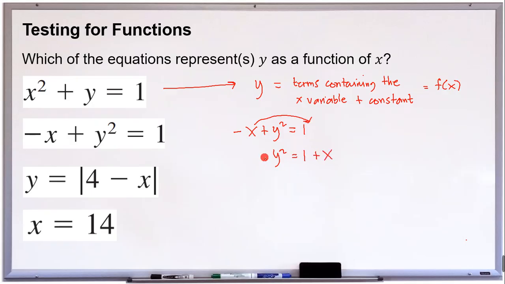Then we're going to take the square root on both sides of the equation. So we have y is equal to the square root of 1 plus x. Next, we're going to assign values for our x to see if ever we have a one to many relation, or many to one relation, or one to one relation.